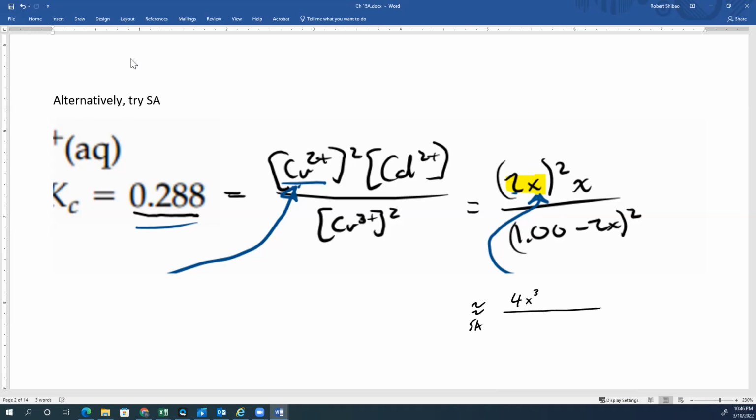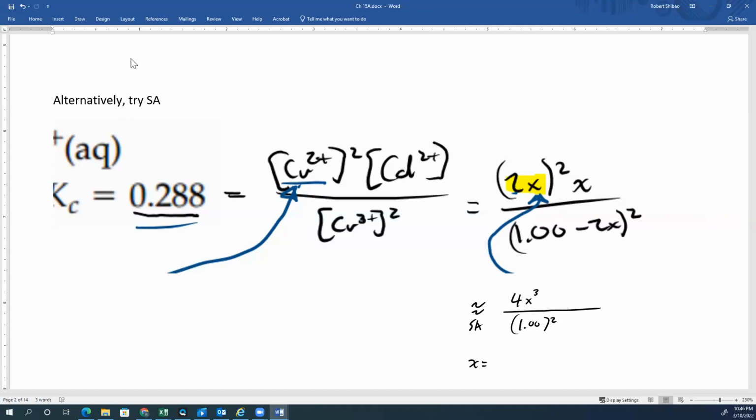And then 1.00 minus 2x is 1.00, and then we'll just square that. When we solve for x, the math is easy here because 4x cubed is 0.288. So we'll take 0.288 divided by 4 equals 0.072.